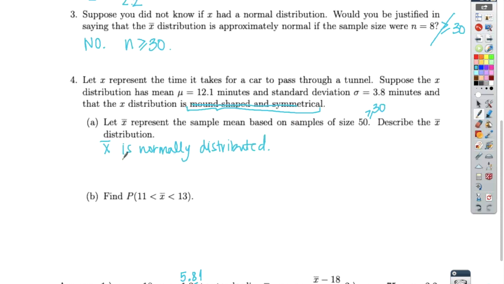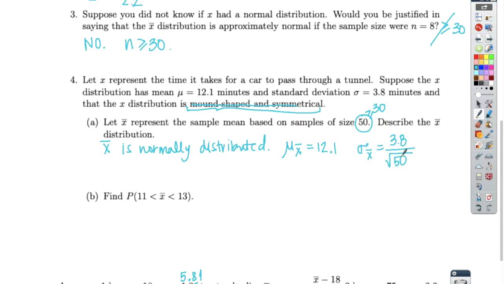And then with that, we will find the mean, which again doesn't change. This is the same as the old mean, 12.1, and the new standard deviation, which is equal to the old one, but divided by the square root of that sample size, which is 50.